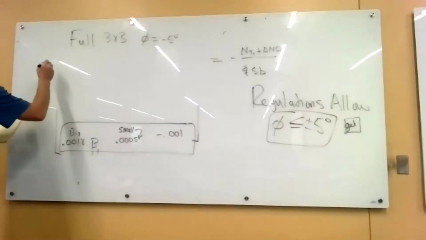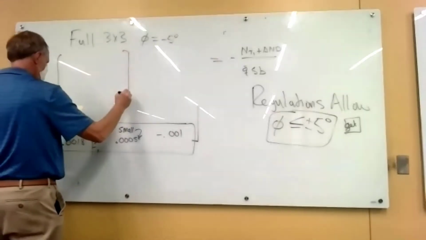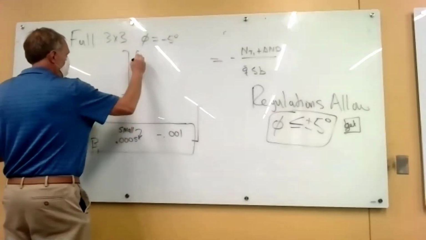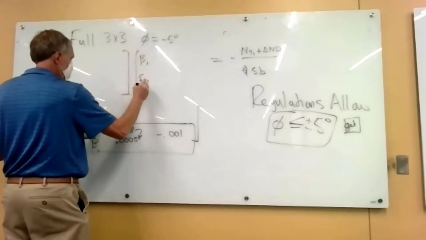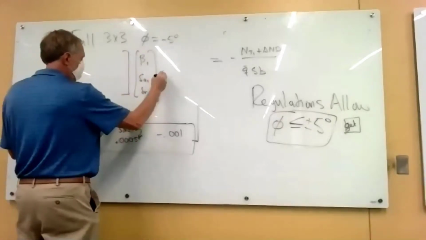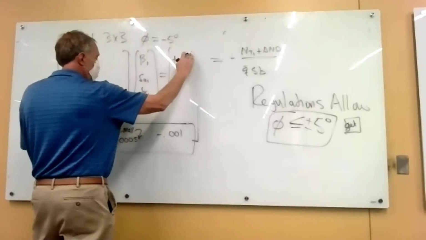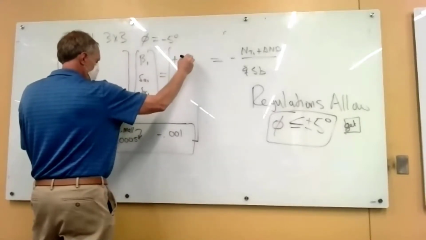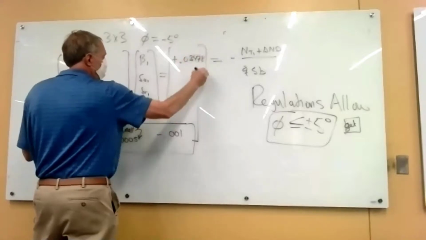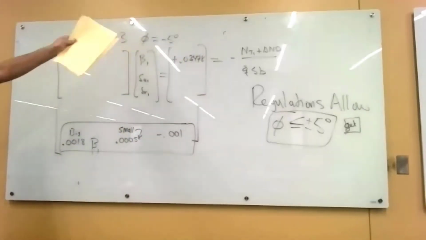Then our matrix problem has a number here that we calculated with 5 degrees in that formula.